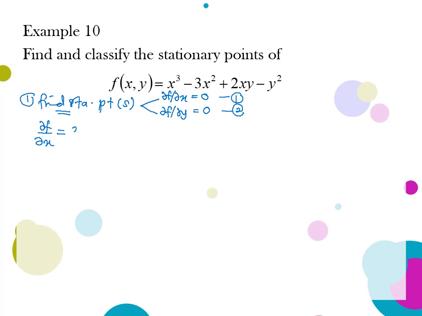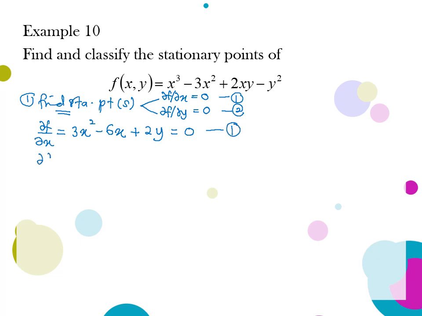That will give you 3x squared minus 6x plus 2y, and the last term will be 0 because it is a constant. So this is equal to 0. You got one equation here.